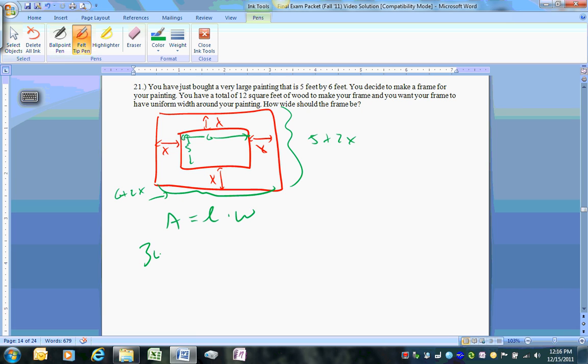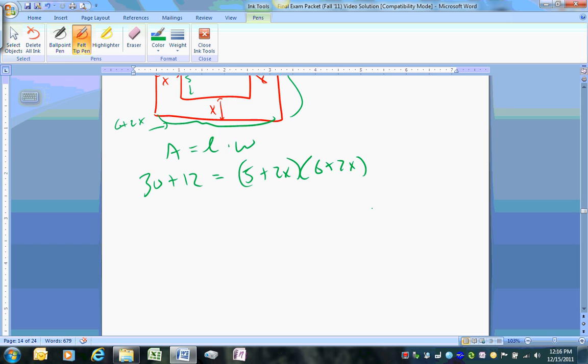And the area of the whole thing is going to be 42, because you got 30 for the picture and 12 for the frame. And it's going to equal 5 plus 2x times 6 plus 2x. Work it out.